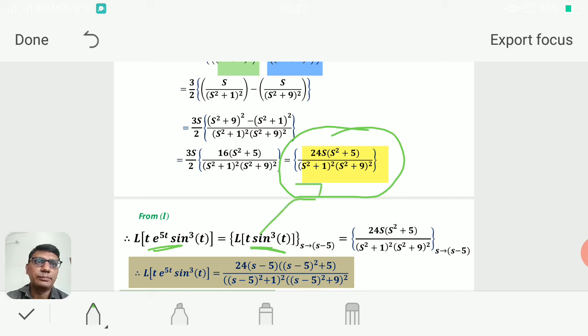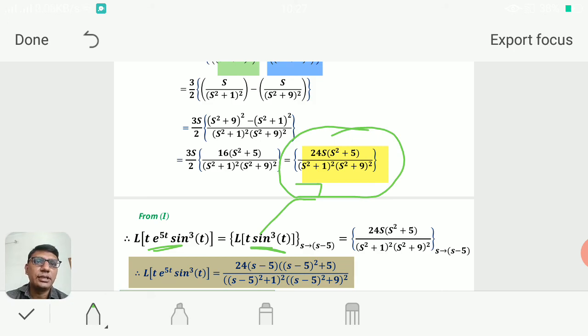The Laplace of this portion is already found in the yellow background. Now we apply s replaced by s minus 5 everywhere.